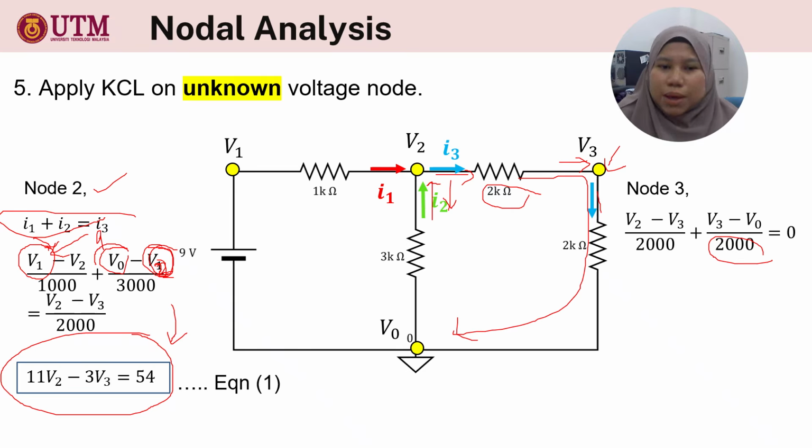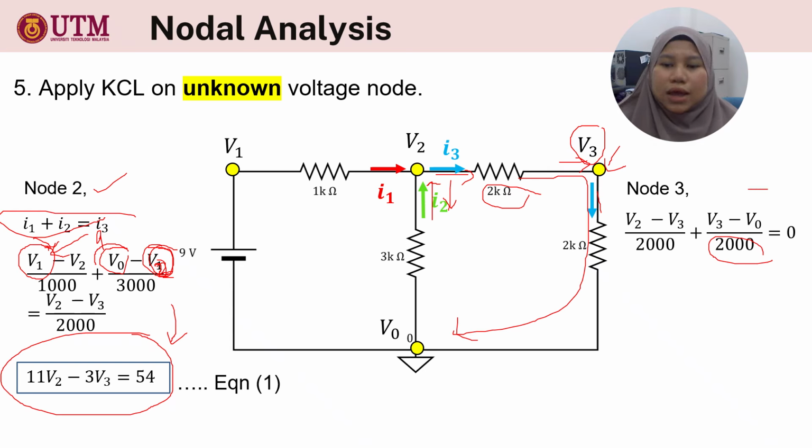Remember that in nodal analysis, we want to find the voltage, not the current actually. If you directly minus V0, you are unable to find V3 here because the V3 term is already gone. So you must do V2 minus V3 divided by 2000, V3 minus V0 divided by 2000.